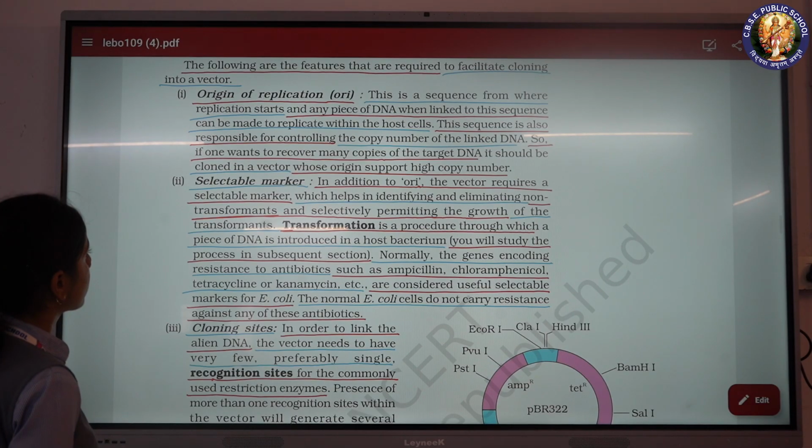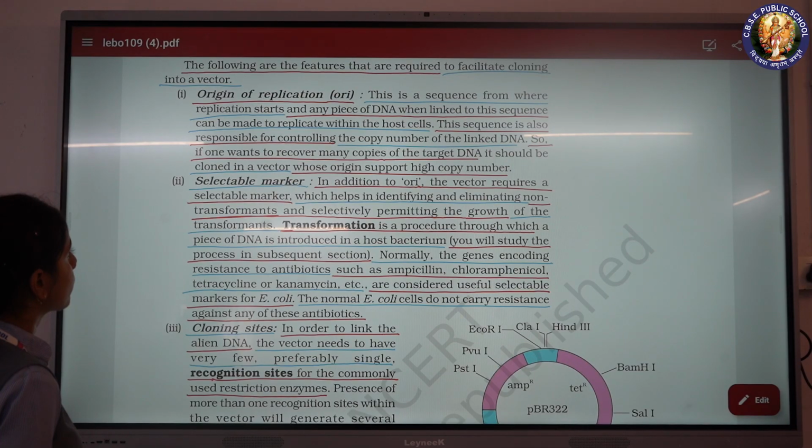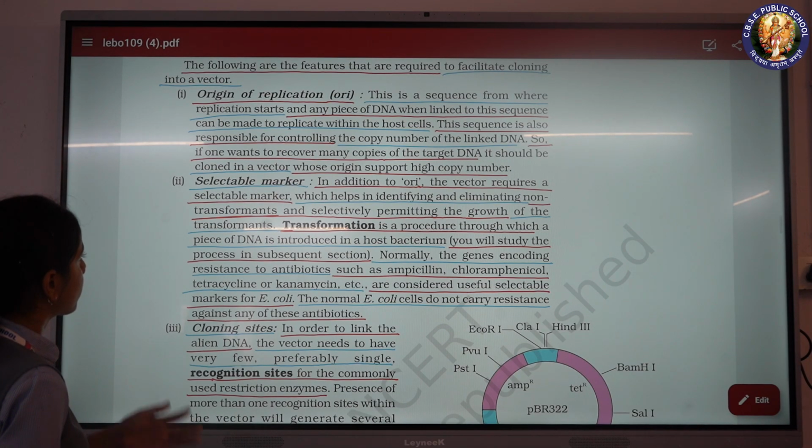This sequence is also responsible for controlling the copy number of the linked DNA. So if one wants to recover many copies of the target DNA, it should be cloned in a vector whose origins support high copy number.